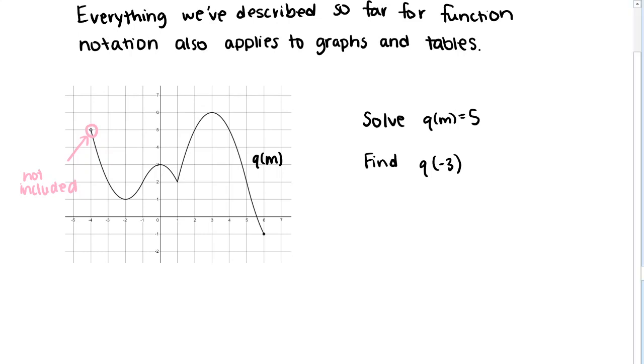This open circle is to indicate very clearly that it's not included in the set of ordered pairs. This point, negative 4, 5, is not associated to this graph. And this closed filled in circle is to say this one is. This is a point on our graph. So here this is included.